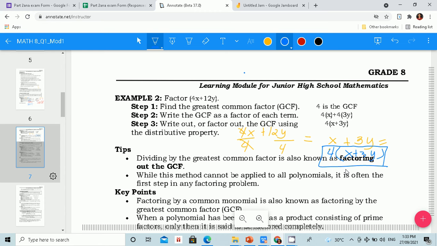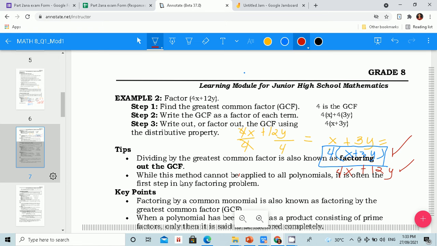Now, how can we be sure that we are correct? We just multiply. 4 times x is 4x, plus 4 times 3y is 12y. Yay! Our answer is correct.